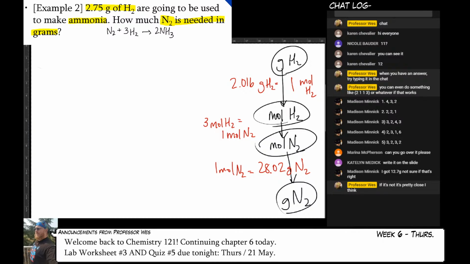All right, so let's do our problem here. We got 2.75 grams of H2. I'm going to turn grams of H2 into moles of H2. We'll do moles of H2, moles N2, just following my flow chart here.